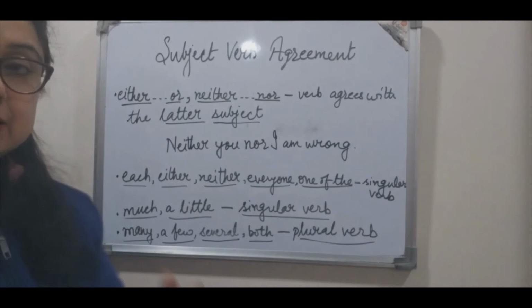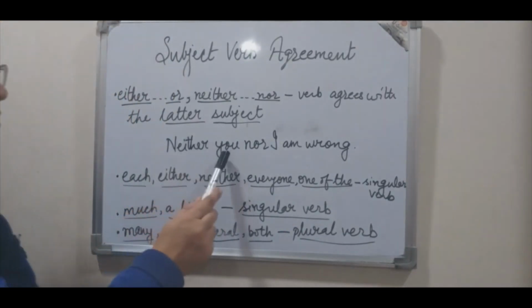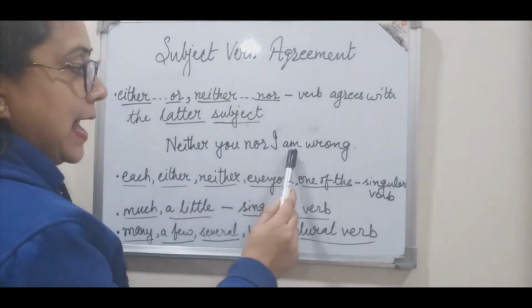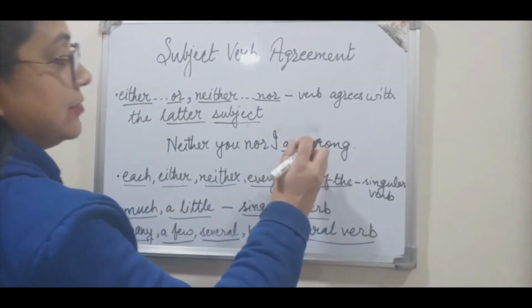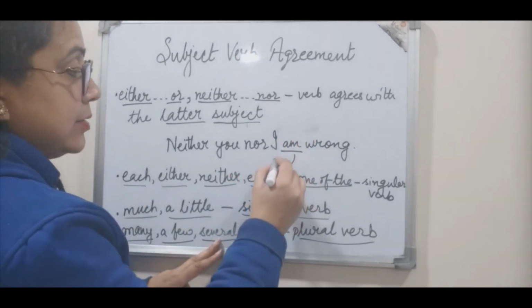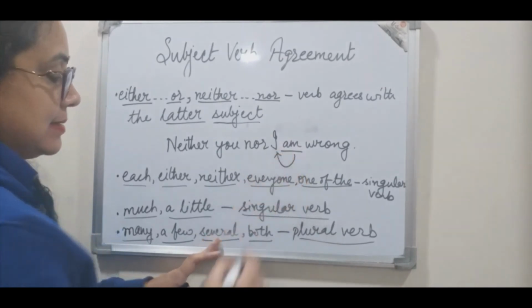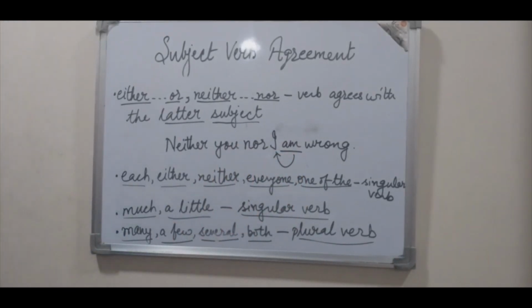Fine. That is the subject which is placed later. For example, neither you nor I am wrong. So why are we using the verb am here? Because it is agreeing with the latter subject, that is I. I hope this rule is clear.